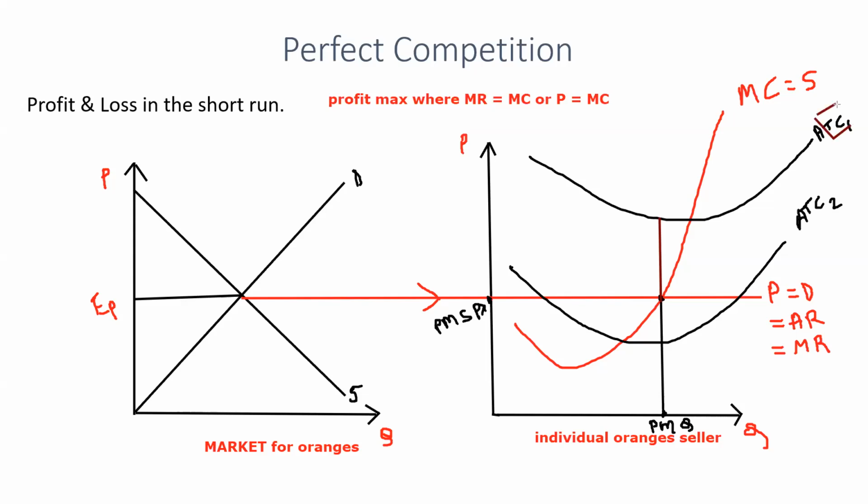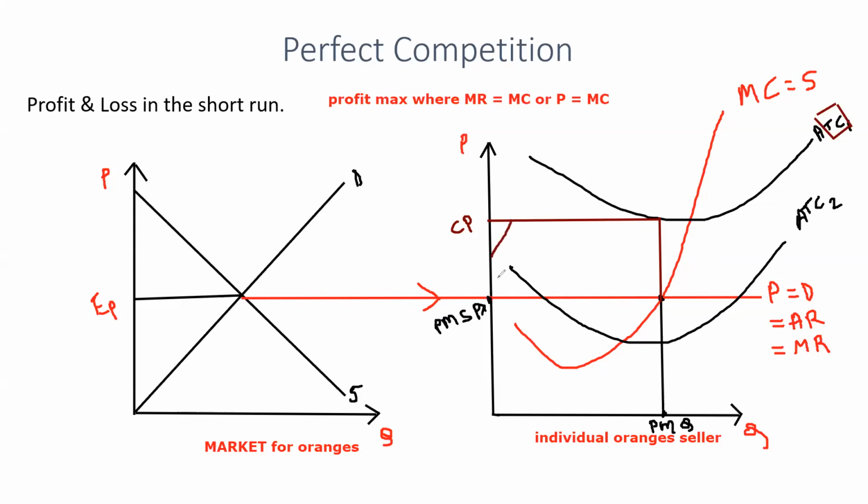This is to do with the total cost. So this is average total cost, multiply that with quantity, it gives you the total cost. That's why I raise this line up here and then go on the side. This is going to give me my cost price for this particular situation. So in this situation where your ATC is above your marginal revenue, your cost price is more than the selling price.